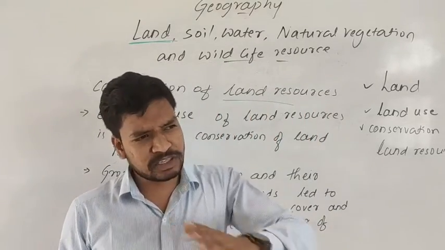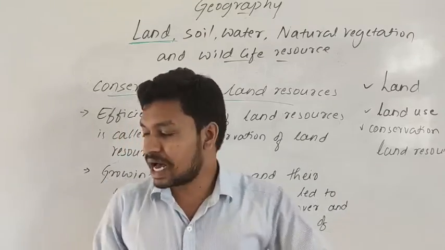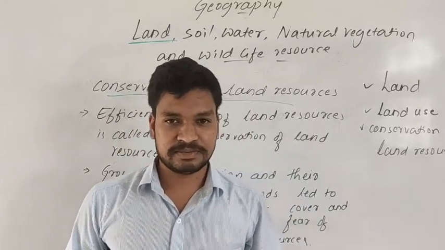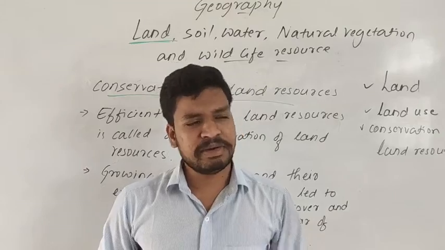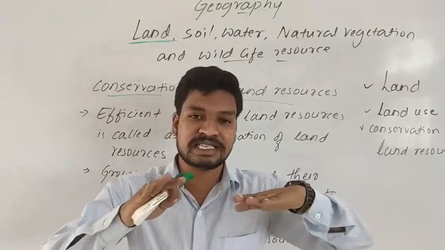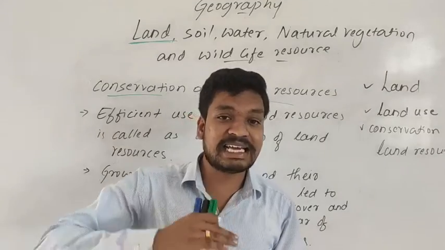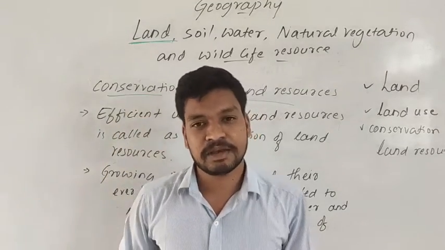Is it not? And for other activities also, like pasture, agriculture, and grazing. For many other purposes we are making use of this land, because of our increased demand, because of the increased population.